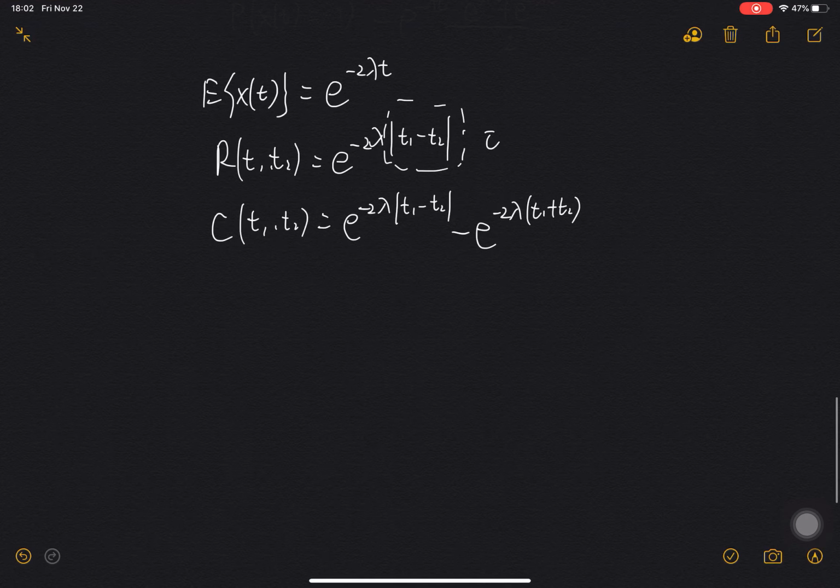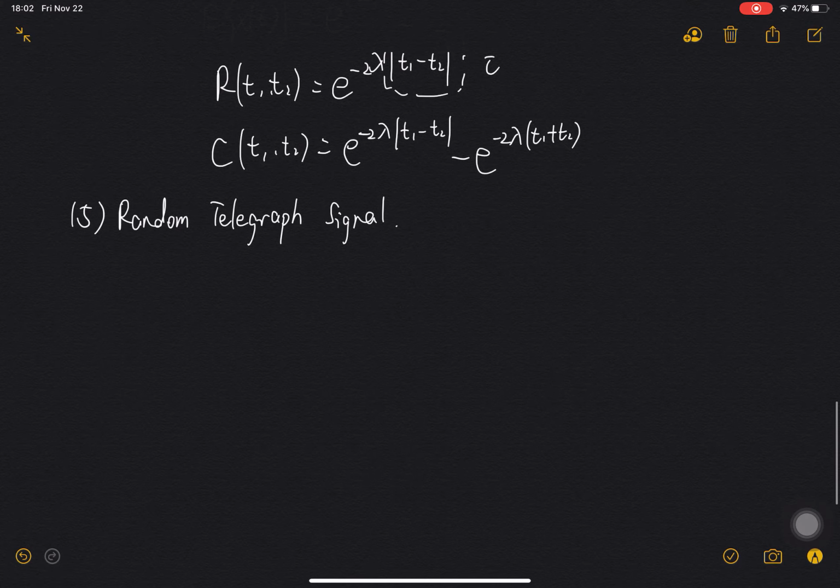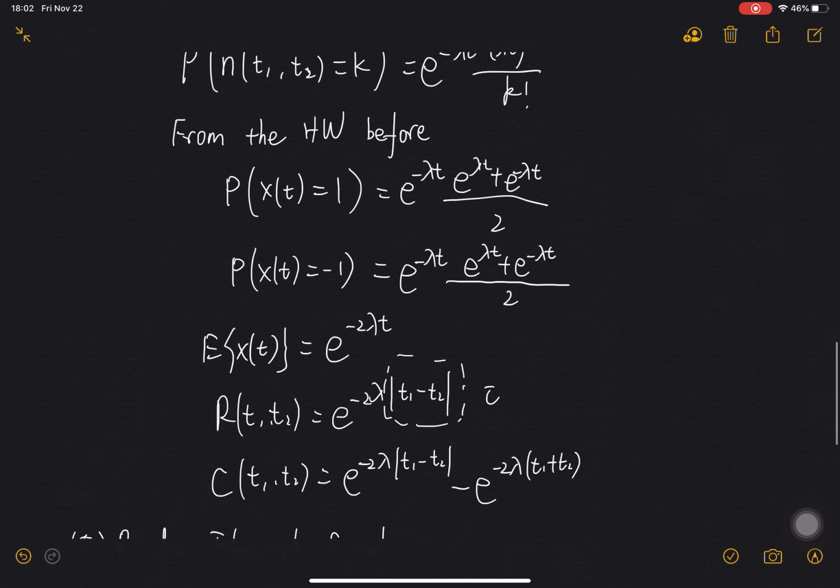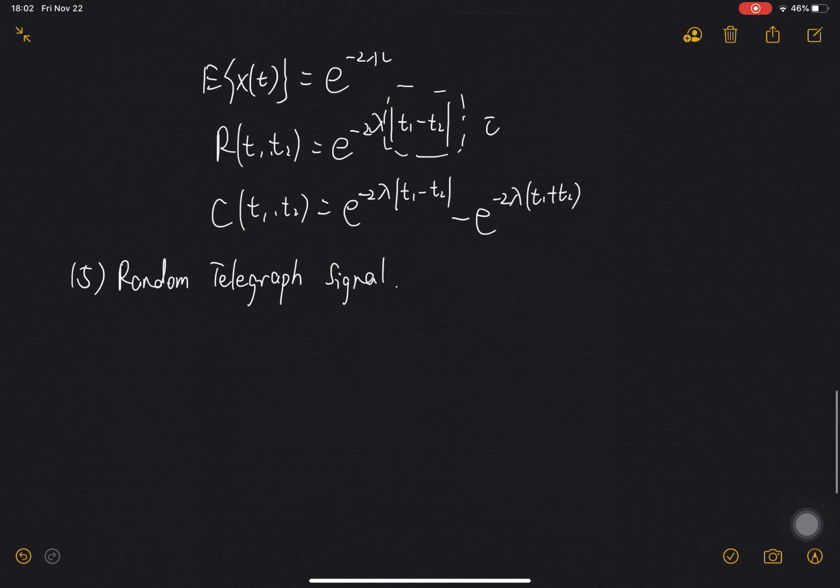Then let's talk about the fifth one, the random telegraph signal. The definition of this random telegraph signal is strongly related to the definition of the semi-random telegraph signal, right?